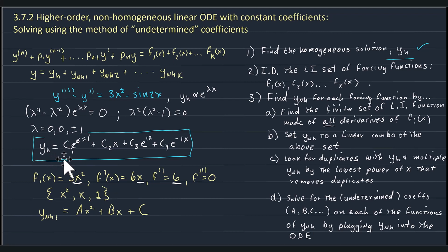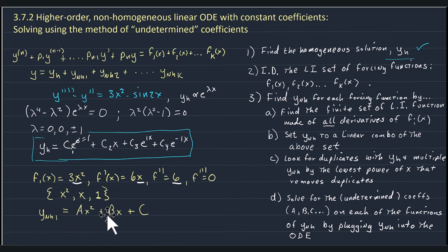And that seems kind of strange because we know that every part of the homogeneous solution, when we plug it into the left-hand side, is going to give 0. So we have a good bet that bx plus c, when we plug that into here, is going to give 0. So there's no way that these two can make up 3x. So what we're doing is we're looking for duplicates in this non-homogeneous solution with the homogeneous solution.